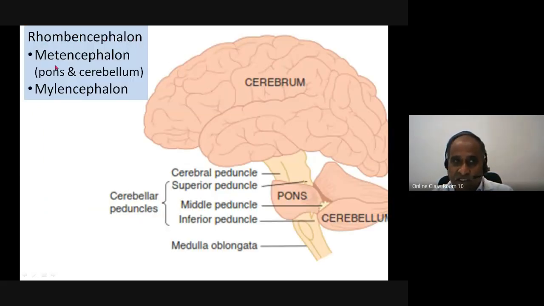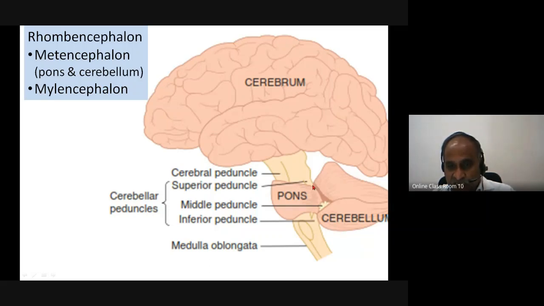Rhombencephalon consists of the metencephalon and the myelencephalon. The metencephalon is the pons and cerebellum, and the myelencephalon is the medulla oblongata. So now we are looking at this particular cerebellum.